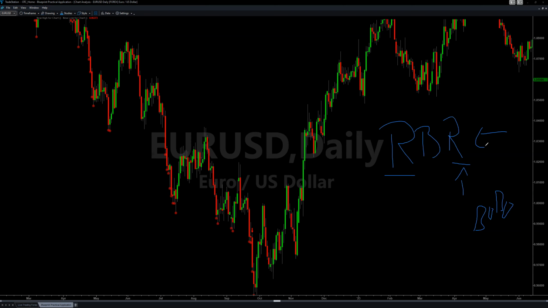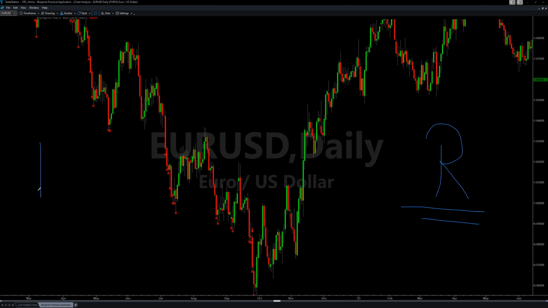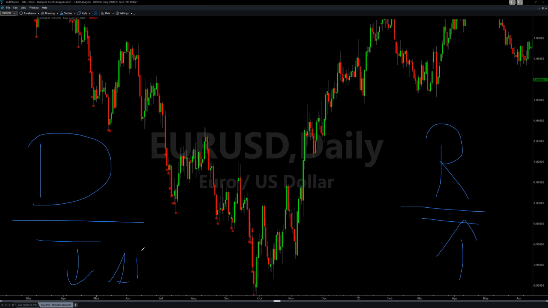That's more like stair stepping outside. That's also not the best, okay? Look for clear rallies. Look for clear drops, meaning huge red candles, huge green candles, abnormally bigger red candles, abnormally bigger green candles. Yeah, it would be this.